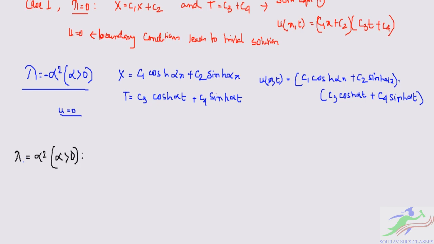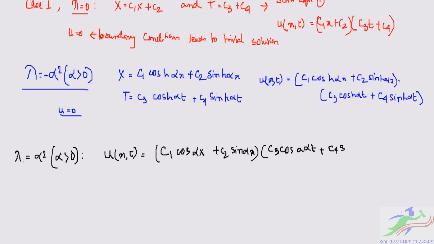Here, as you know, u of x comma t will be c1 cos alpha x plus c2 sin alpha x multiplied by c3 cos a alpha t plus c4 sin a alpha t.